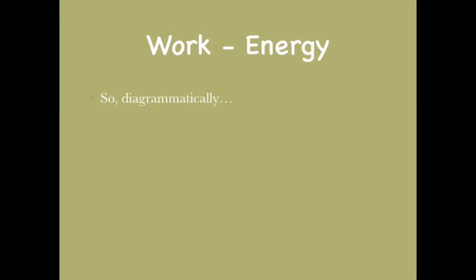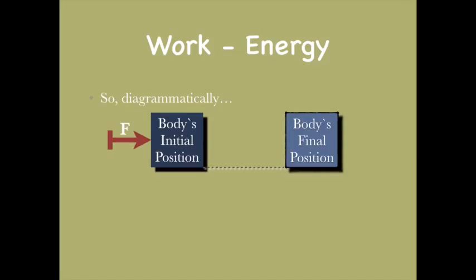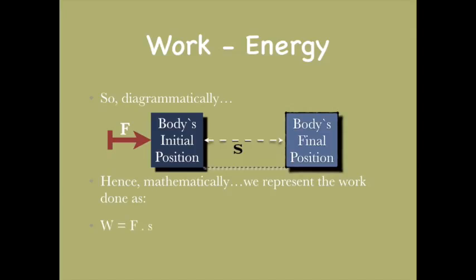So let me show you an illustration. If you have a body at some initial position, consider this blue box as a body, and I apply a force F to it. So this initial position of the body is now changed to its final position, and the displacement is given by S. So mathematically, I define this as the work done, which is written as W equal to F into S. I hope this one is clear.